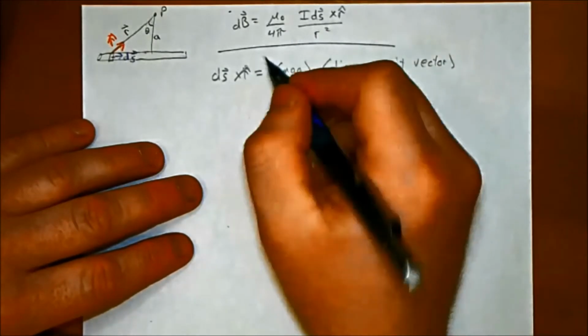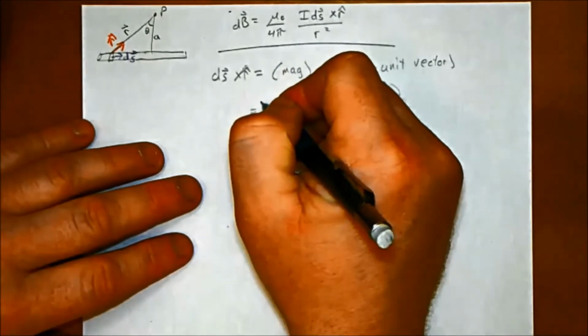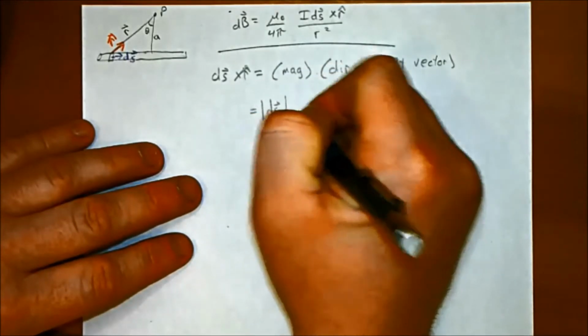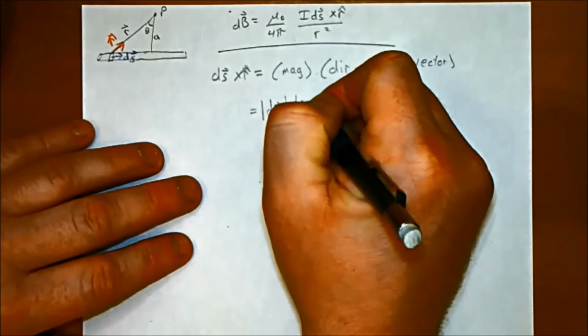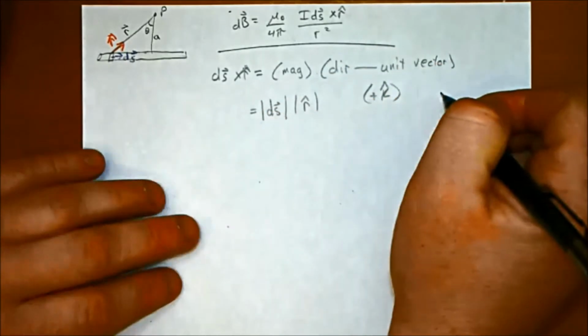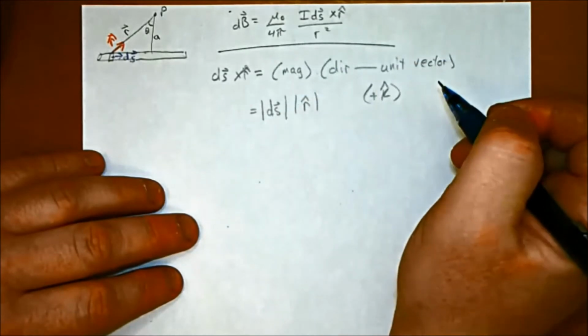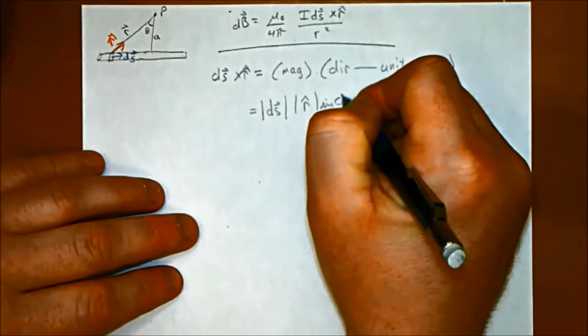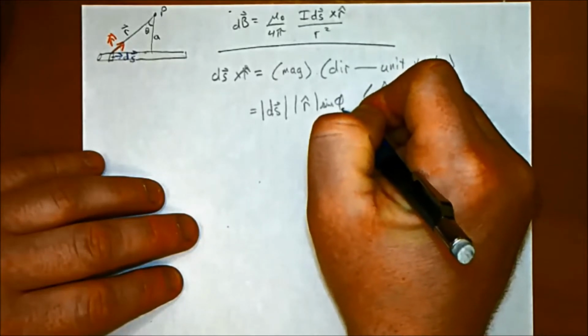Okay, so now what is the magnitude of the cross product? Well, we know that can be found from the magnitude of ds times the magnitude of r hat, and that gives us the sine of the angle between them. Call that phi dsr.